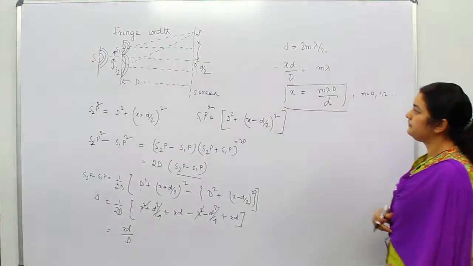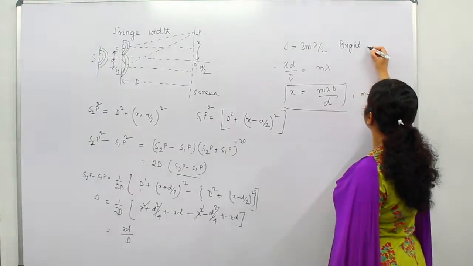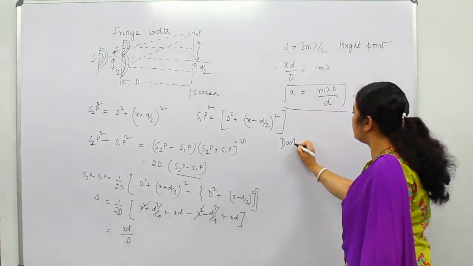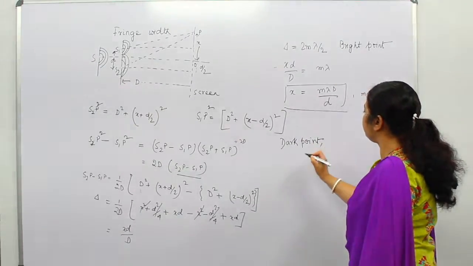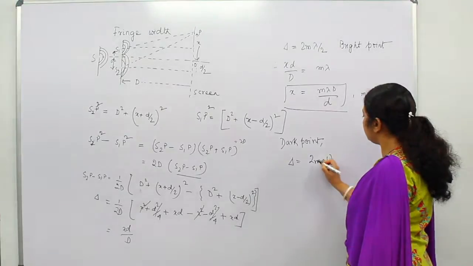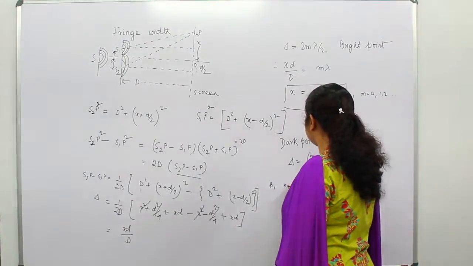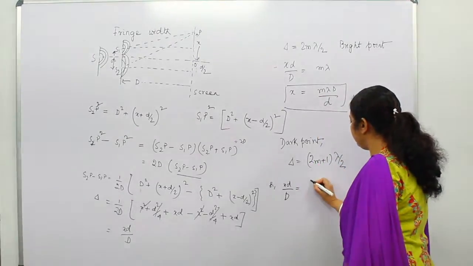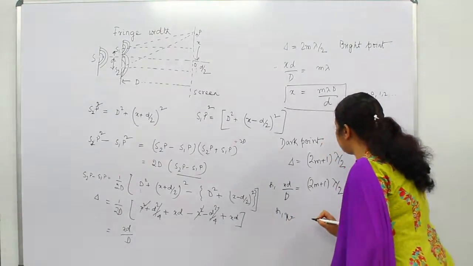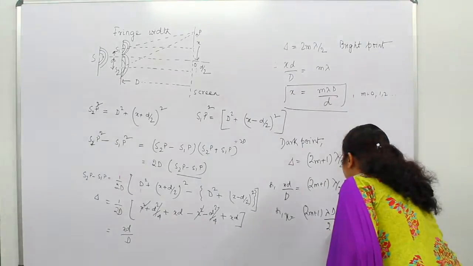This is for a bright point. For a dark point, the path difference should be equal to 2m plus 1 lambda by 2, or x d by capital D should be equal to this, or x should be equal to 2m plus 1 lambda capital D by 2 small d.